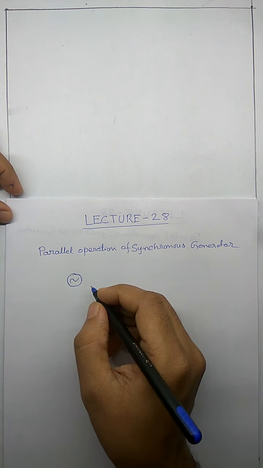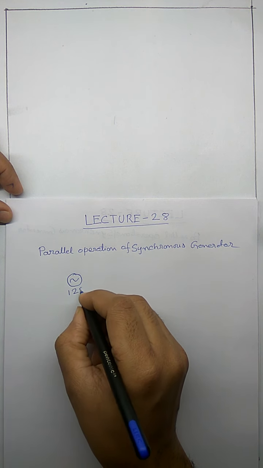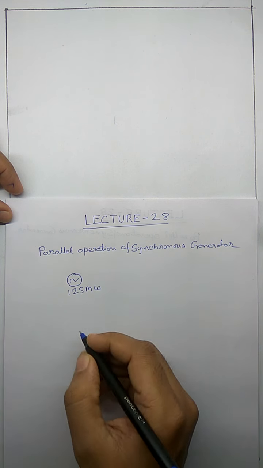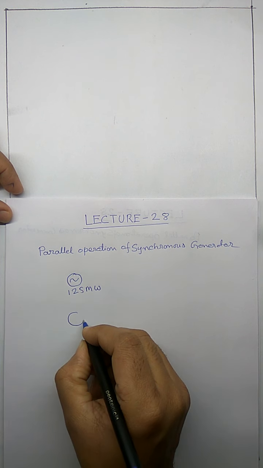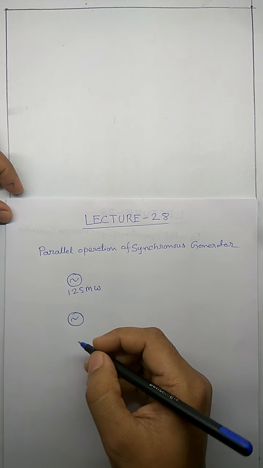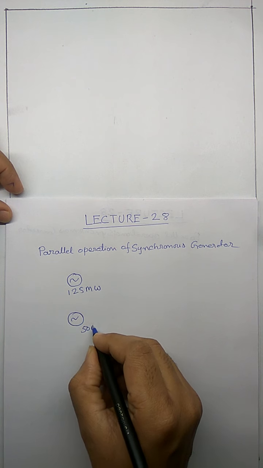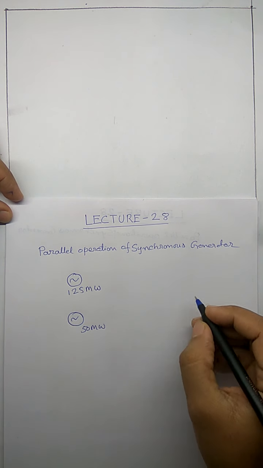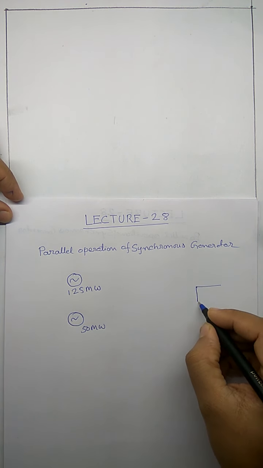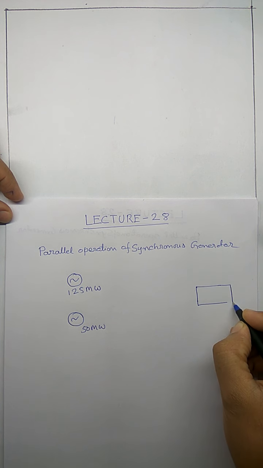One has a rating of say 125 megawatt and I have another synchronous generator. It has a rating of 50 megawatt and I have a load of 150 megawatt.